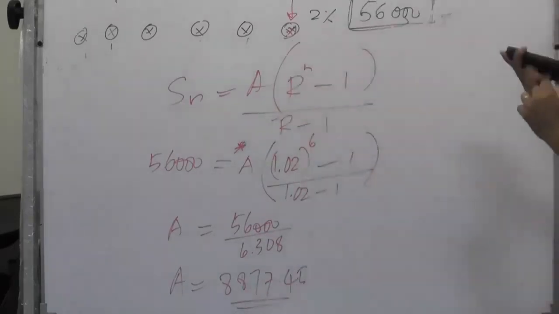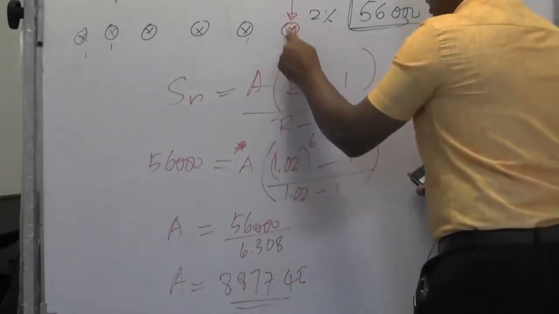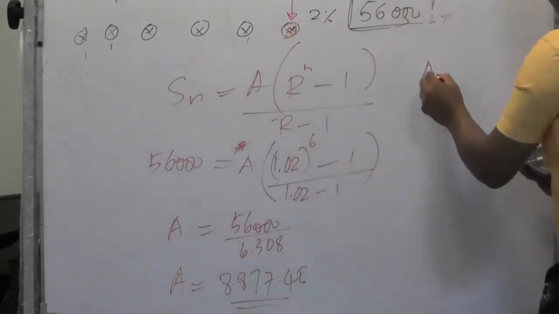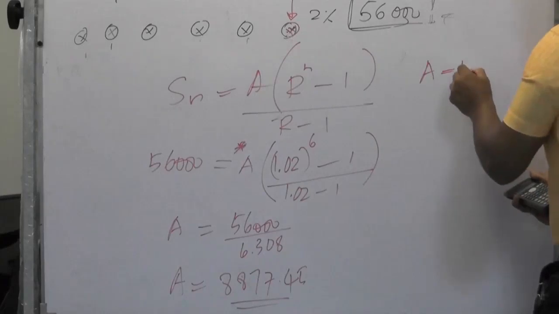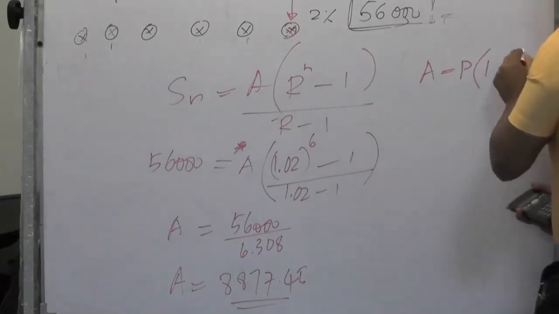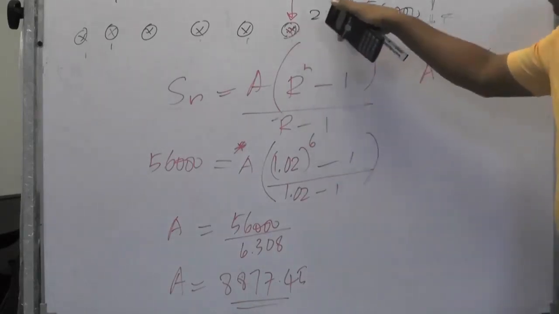This is A. A means the amount you made at the last term plus interest, right? A equals the amount you invested plus 1 month interest. The amount you invest here and 1 month interest.